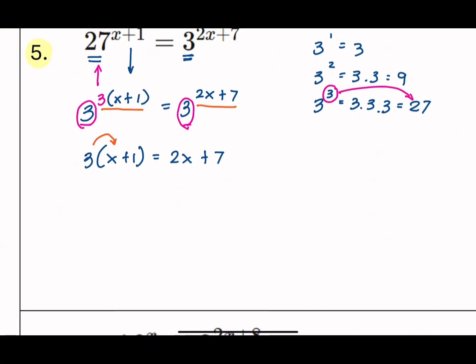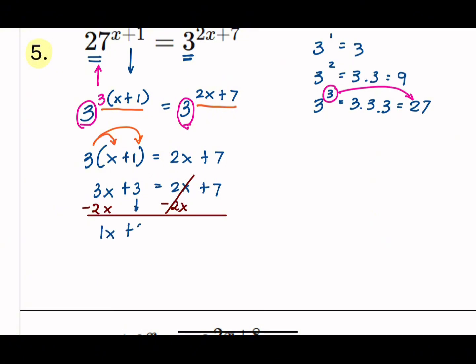3 times x is 3x. 3 times 1 is 3, so I have plus 3 is equal to 2x plus 7. I need to cancel my 2x here, so minus 2x on the left and right side. 3x minus 2x is just 1x.